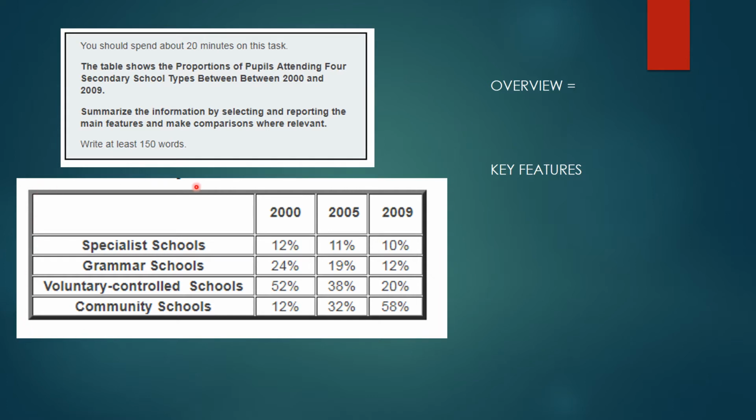There are only 4 rows and 4 columns. Take some time now to look at the data and see if you can identify an overview, 3 key features, 2 of which you'll report together. Pause the video now, and when you're ready, play the video again, and I will talk about how I would analyze this data.